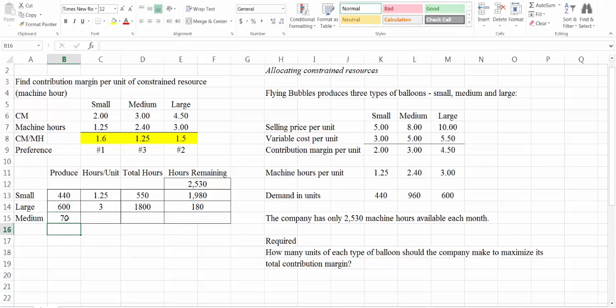That means we have enough hours to make 75 medium balloons. Each balloon uses 2.4 hours, so of course this gives us the number that we just backed into. That's 180 hours, and when we're all done, we have 0 hours left.